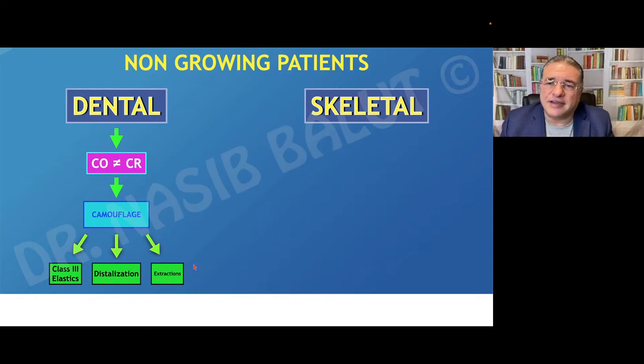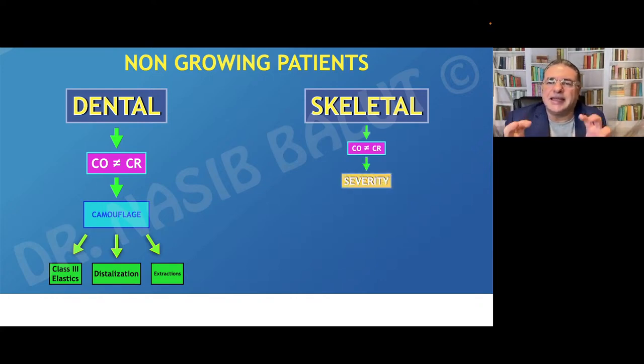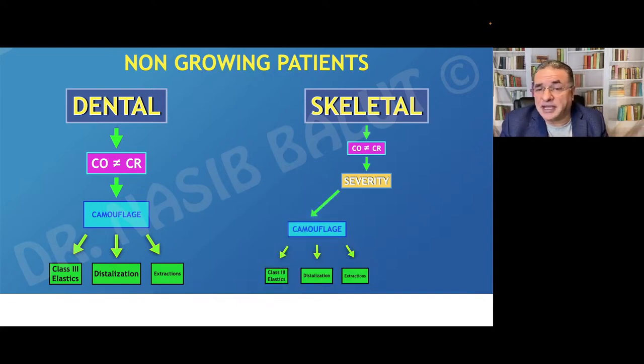So if we have a skeletal class 3, first of all, I will check if there is no discrepancy between CO and CR. It will depend on the severity of the skeletal class 3 that I will decide my treatment. I might be able to camouflage even when it's a severe class 3, again, with class 3 elastics, with distalization or extractions, one or all of them.